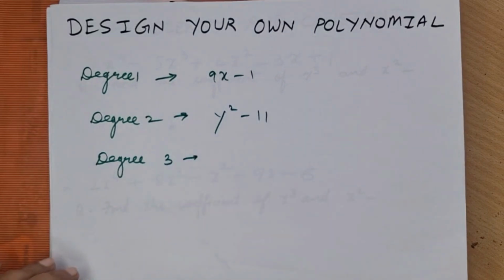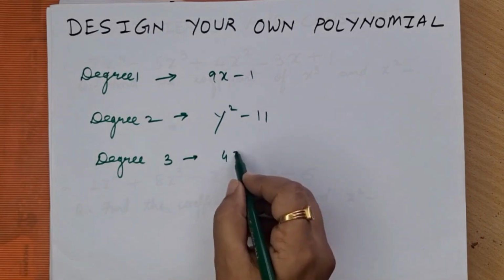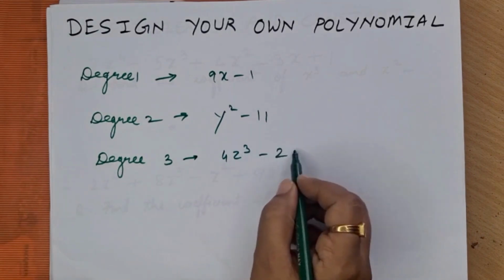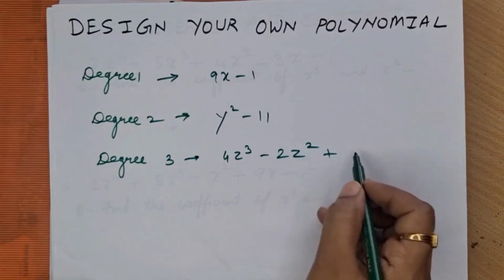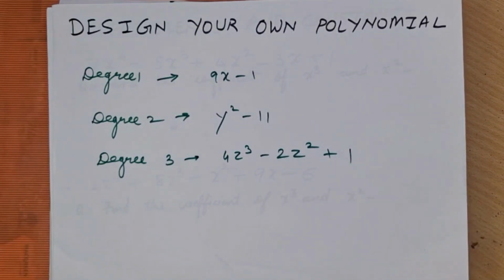Now comes a polynomial with 3 as the power. So the absolute highest power must be 3. Like this cubic expression right here. You can construct any combination. So 4z cube minus 2z square plus 1.